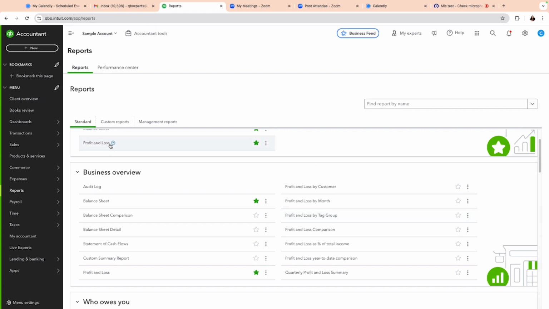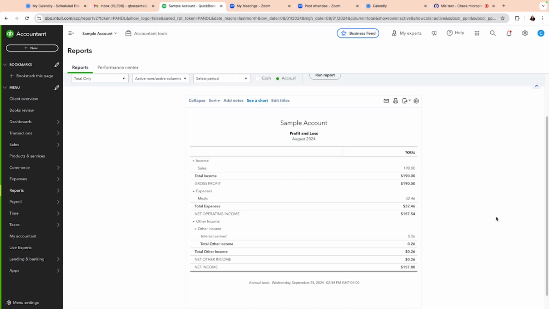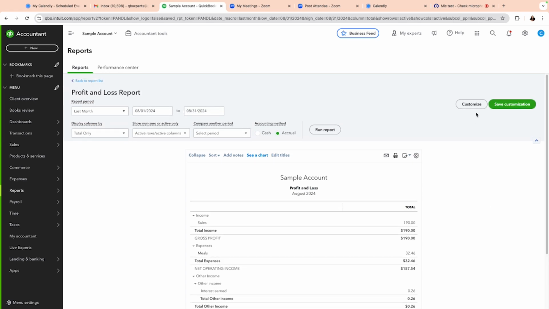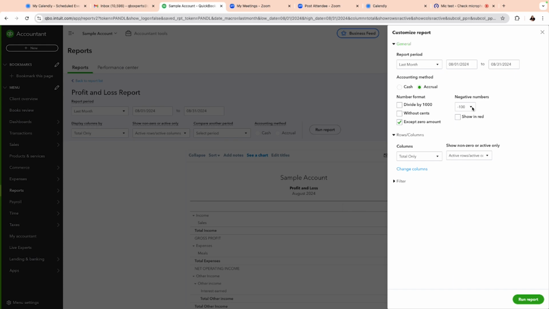If you go to the standard profit and loss, you can customize a lot of things here, creating more customizable information that you were looking for. If you click on customize, and you click on the down arrow here, filter, you can actually see the reports by customer.